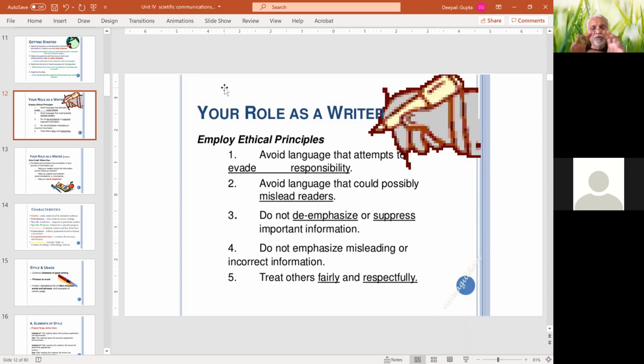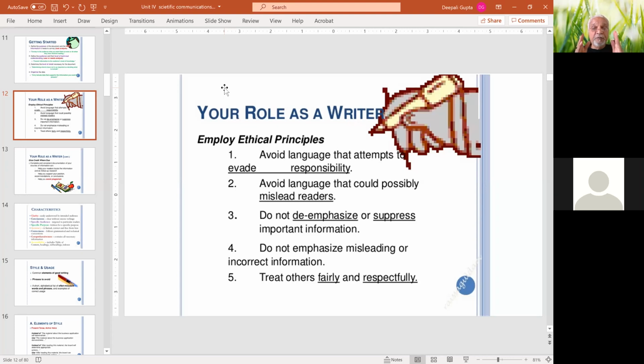So to conclude, what I'm trying to say is that as a writer, you should be neutral. You should not be biased toward one fact or the other while preparing a document, and you should own the responsibility, and you should use language which is not misleading to the readers.